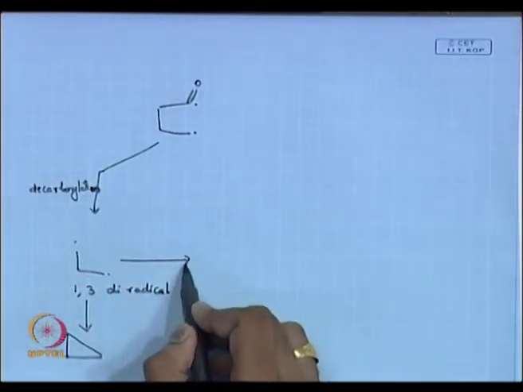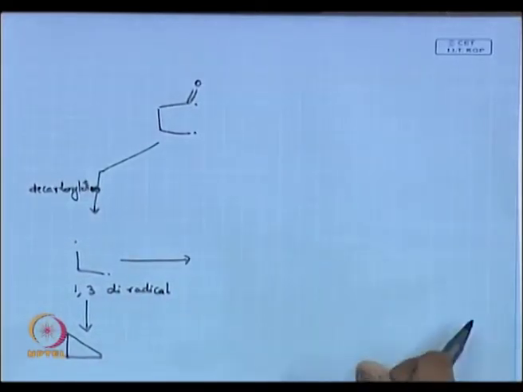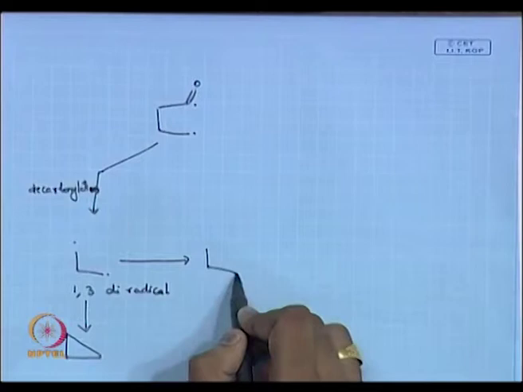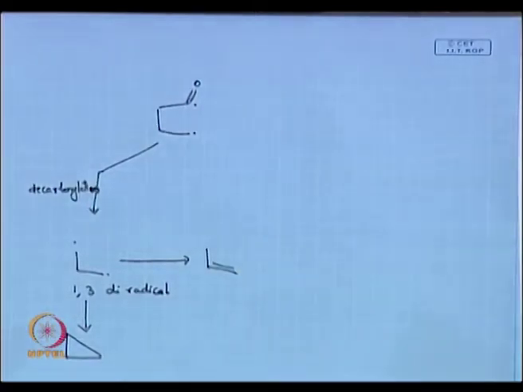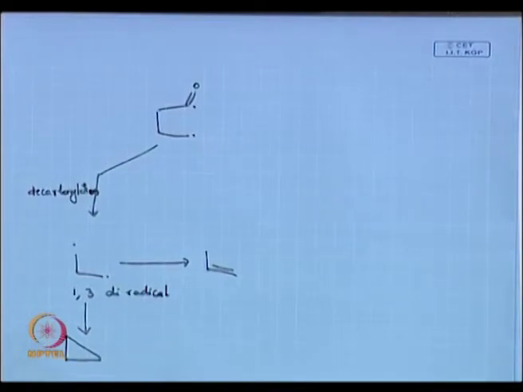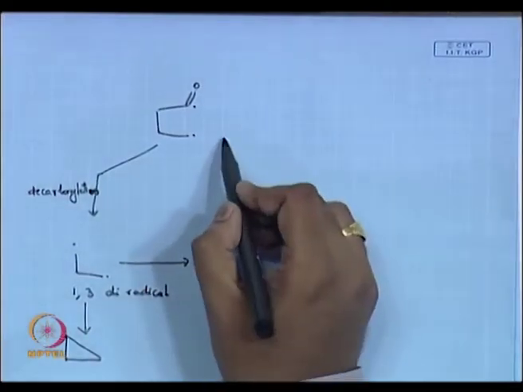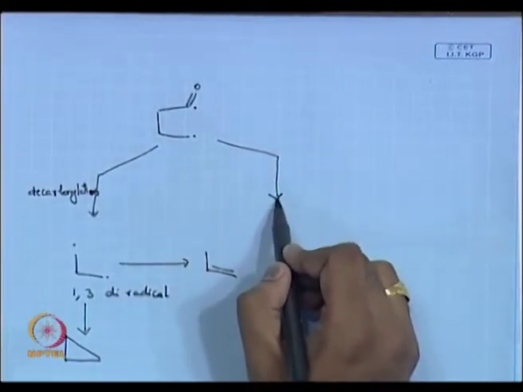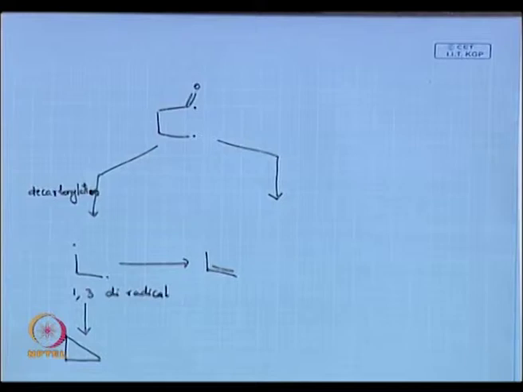And then, same like your 1,5 diradical, you can think about hydrogen abstraction, to get systems like this. Okay. So, this is what a 1,3 diradical does, fine.